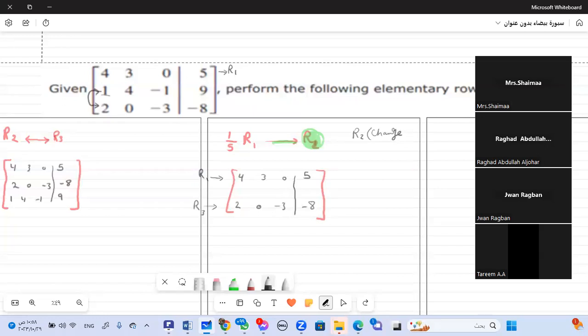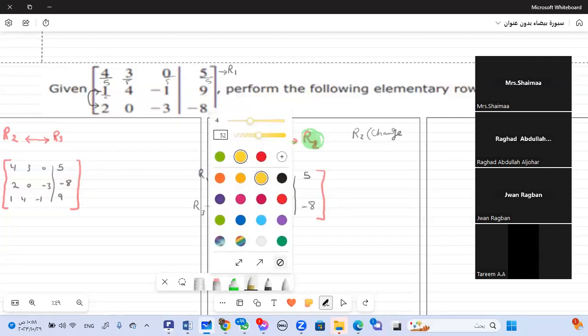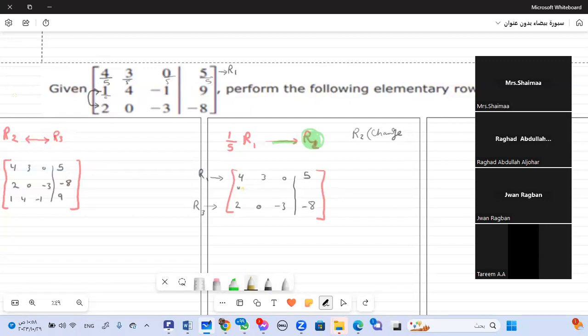So it means R1 divided by 5, divided by 5 for each element. So it will be 4/5, 3/5, 0/5 which is 0, and 5/5 which is 1.